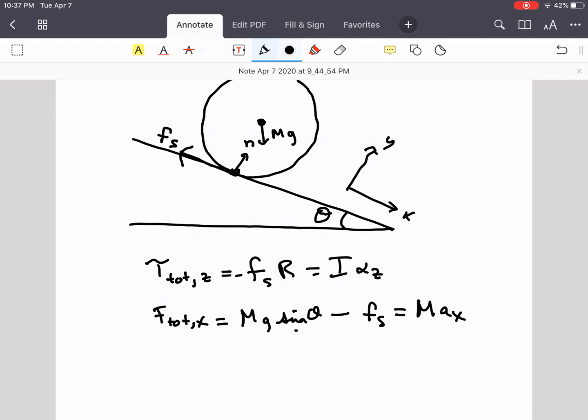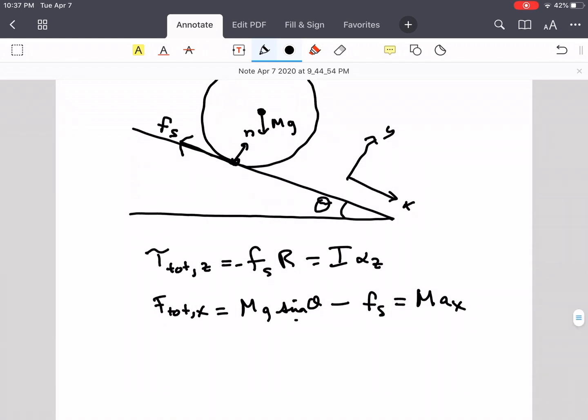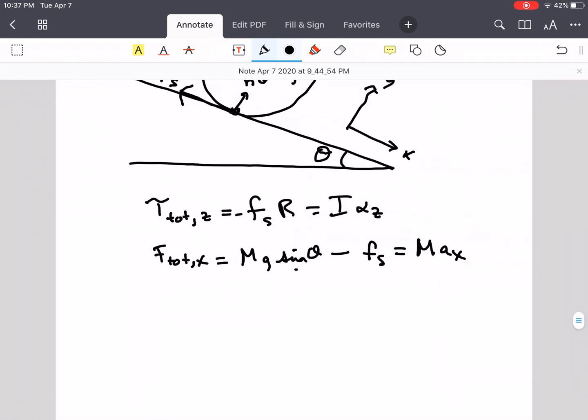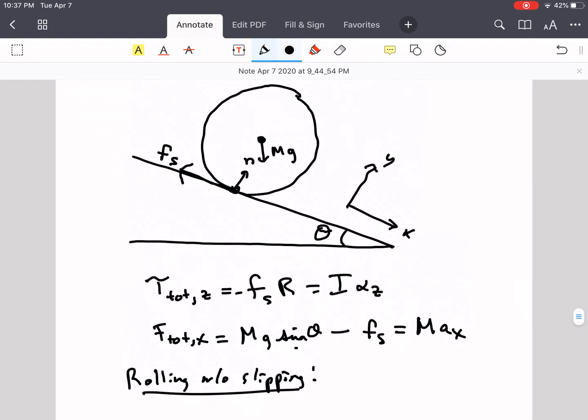And this is all we could do earlier. We solved for the acceleration and the angular acceleration. Now we have one additional piece of magic due to the fact that it is rolling without slipping. Namely, that acceleration is proportional to alpha. So in particular, we know that if acceleration is positive, as we expect, it's going to go downhill.